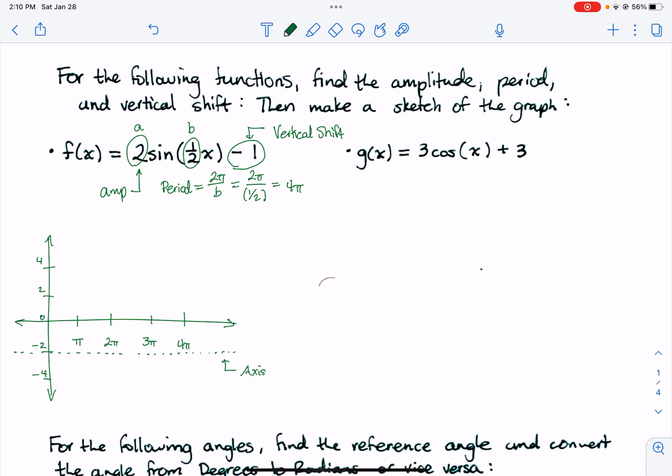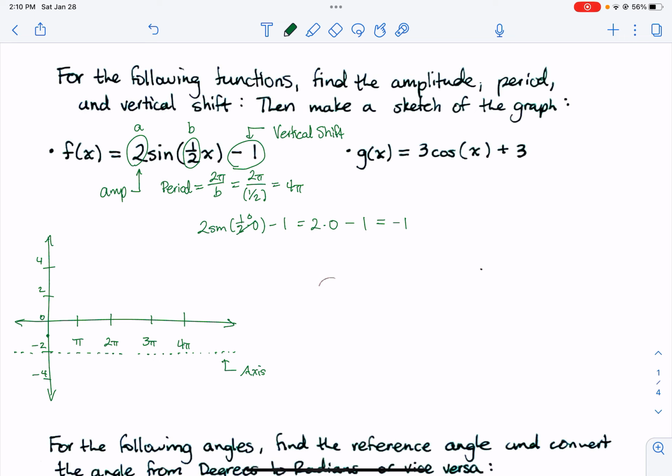Let's plug in 0. 2 sine of 1/2 times 0 minus 1. 1/2 times 0 is 0. Sine of 0 is equal to 0. So we effectively have 2 times 0 minus 1. That's going to give me -1. So the output of this sine function at 0 is here.